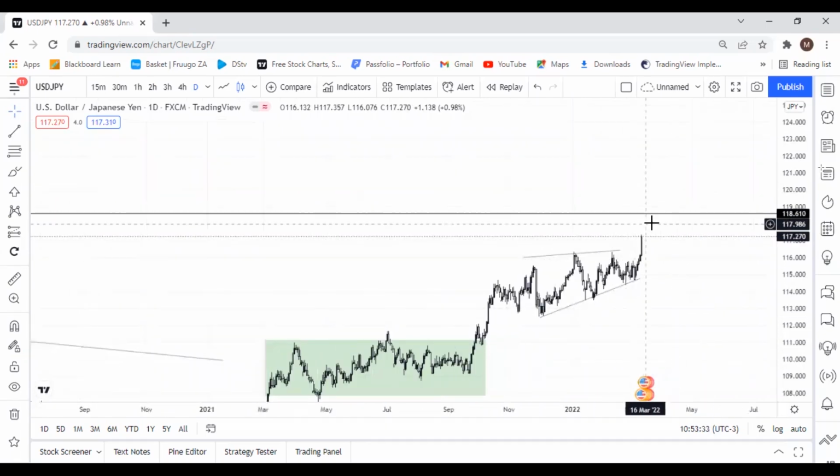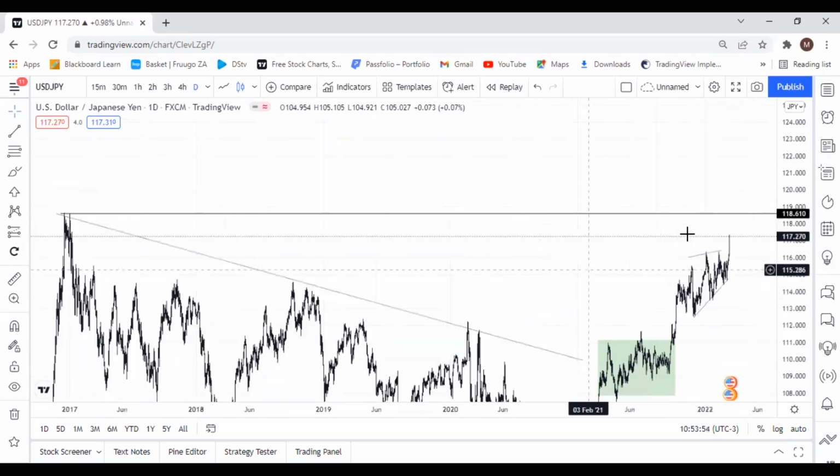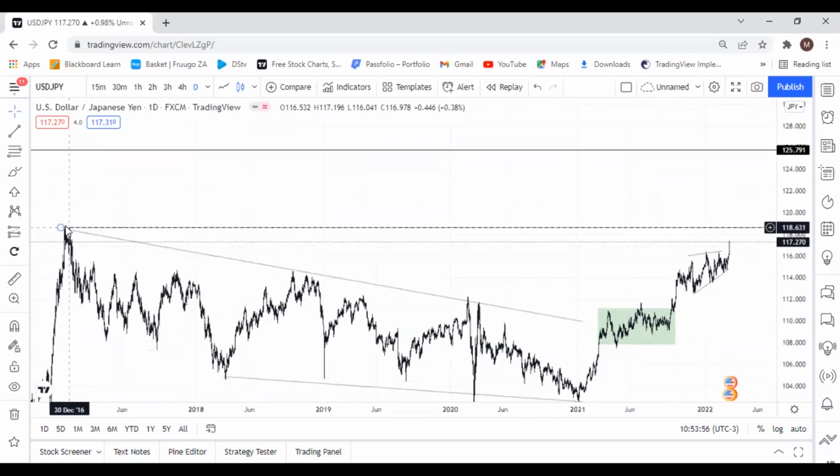And this area here is not big enough to sustain it, so the impulse would be much bigger in contrast with the correction. The chances of this area being broken are very high as well.